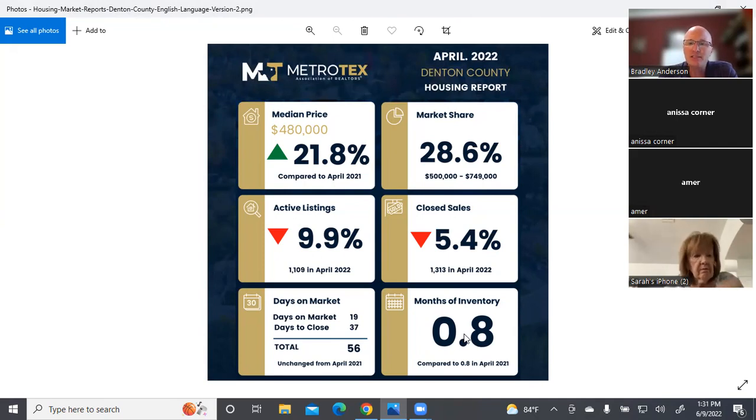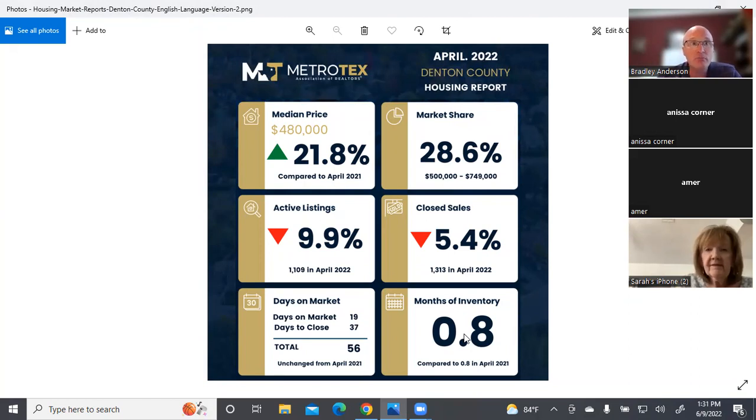What that means is at a snapshot in time, there are a certain amount of listings that are active. Okay, not option, not pending, not closed, but active. And this statistic says, if nothing else came on the market, how long would it take to exhaust that amount of inventory? In months. So in this statistic, it's 0.8 months.